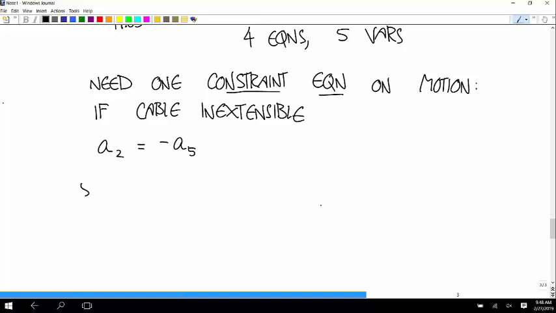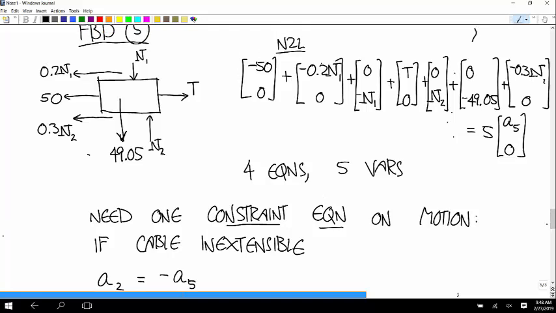And so now we have 5 equations for 5 unknowns. And we can solve that.